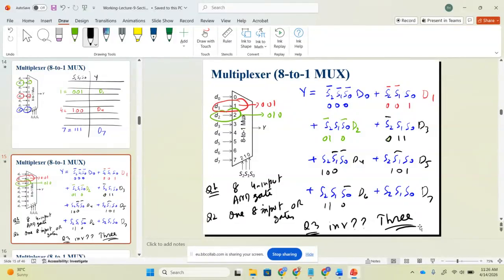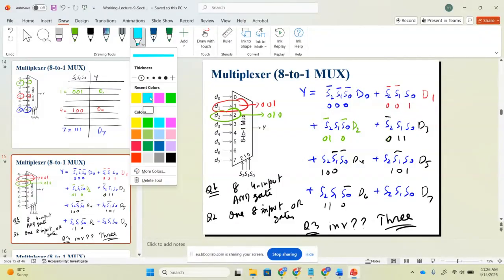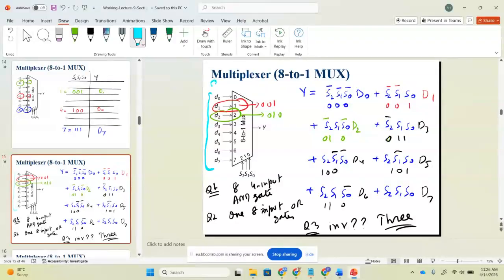Because, okay, no problem. If you are asking a question, I'm very happy with the questions. Because these are 8 and these are 3. So 8 plus 3 is 11. You got it? Because S2, S1, S0 are the inputs.